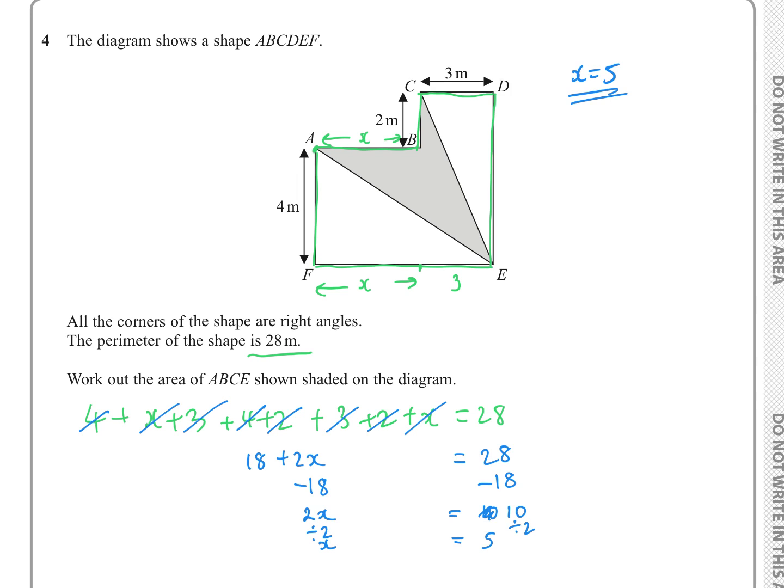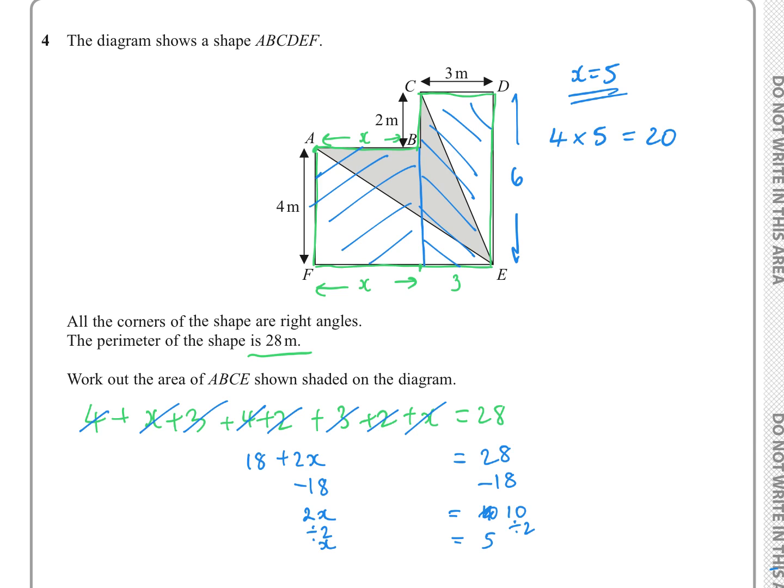So that means we can find the area of the entire shape. So I'm going to split it up into 2 rectangles. So this one is going to be 4 times 5 because that's our value of x, which is going to be 20. And I'll put the units in afterwards. And then we're going to have this one, which is 3 times, well, this was 6.